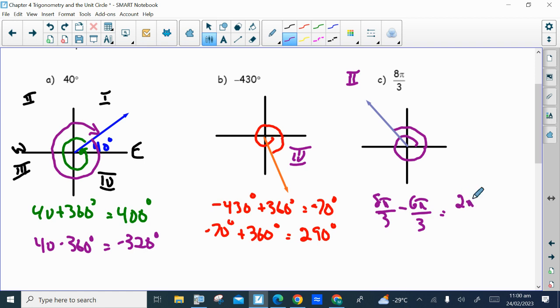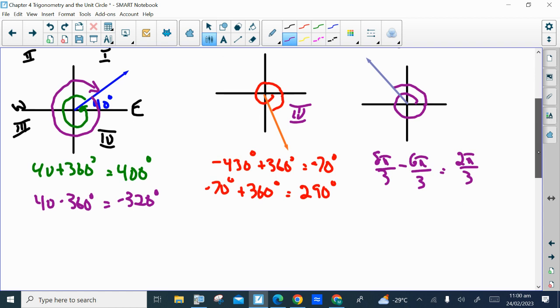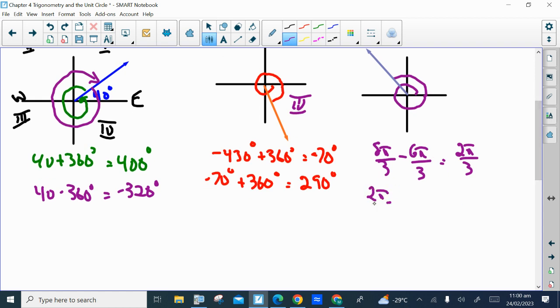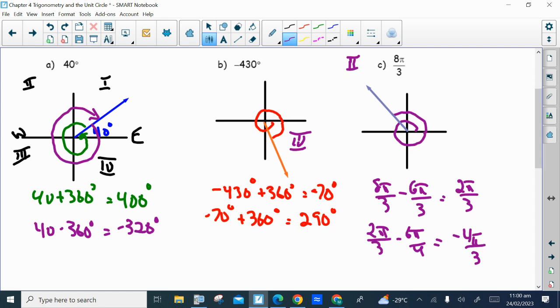So this will give us 2 pi on 3s. There's a positive coterminal angle. And I'll get my negative one by subtracting another 6 pi on 3, which gives us negative 4 pi on 3. So there are our two coterminal angles, one positive, one negative.